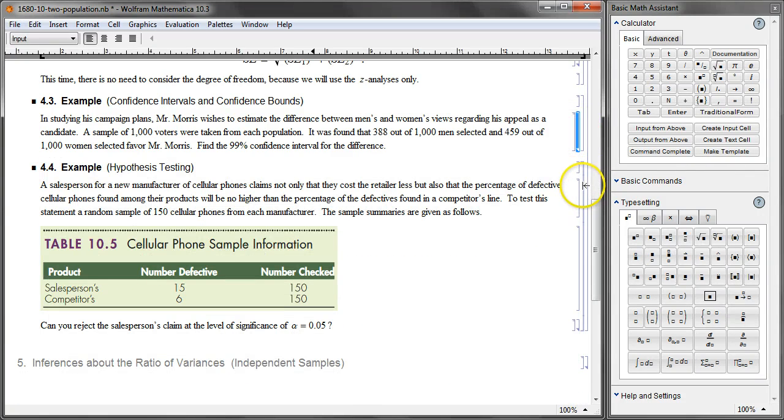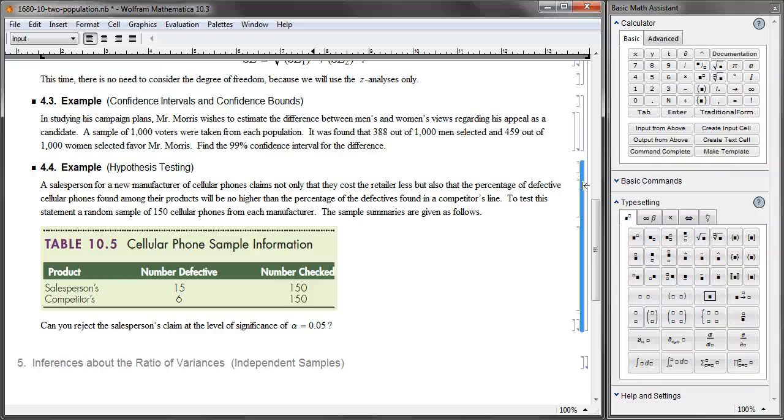How about the next problem here? A salesperson for a new manufacturer of cellular phones claims not only that they cost the retailer less, but also that the percentage of defective cellular phones found among the products will be no higher than the percentage of defectives found in a competitor's line. To test this, a random sample of 150 cellular phones from each manufacturer is selected.